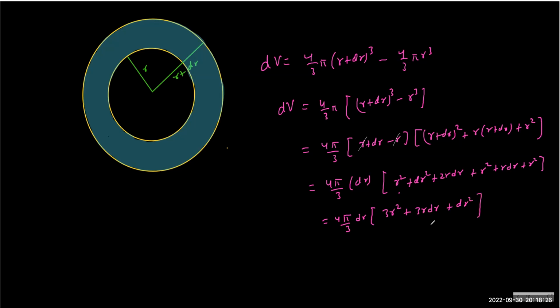Now always remember, dr is very, very small. Because dr is so small, anything which is dr square or dr cube is negligible or zero. So if I multiply dr inside, what we get is 3 r square dr. But the next term will become 3r dr square, which we can ignore. And the third term is in fact dr cube. All these terms are so small that as per the limit concept, they tend to 0.